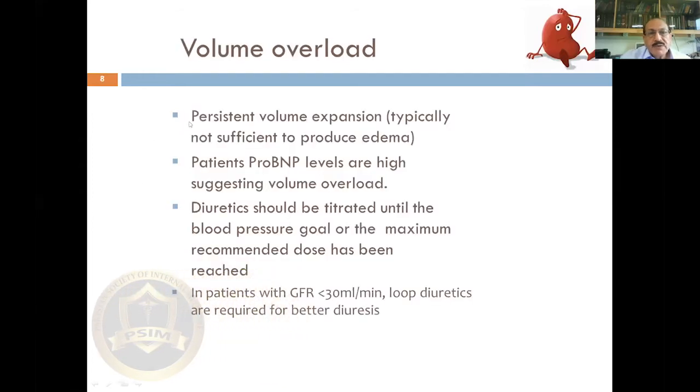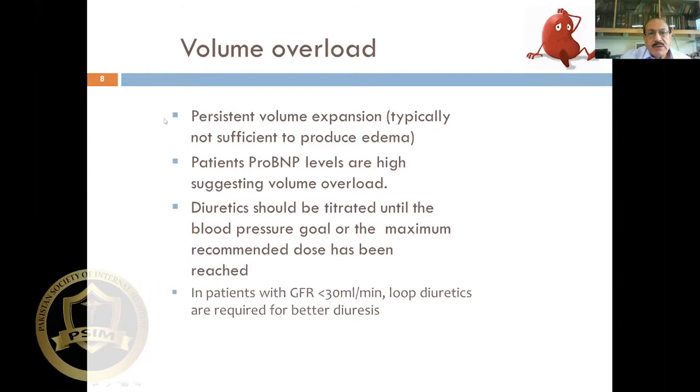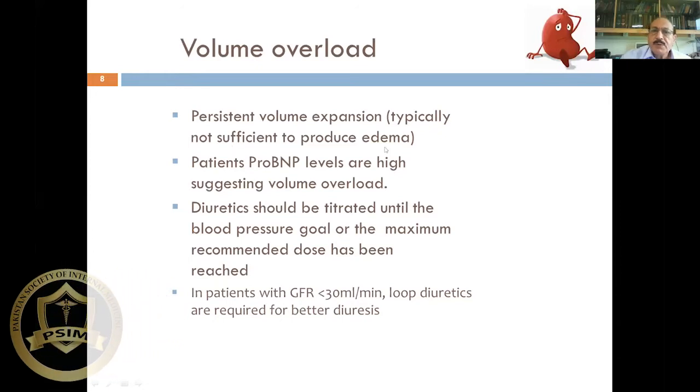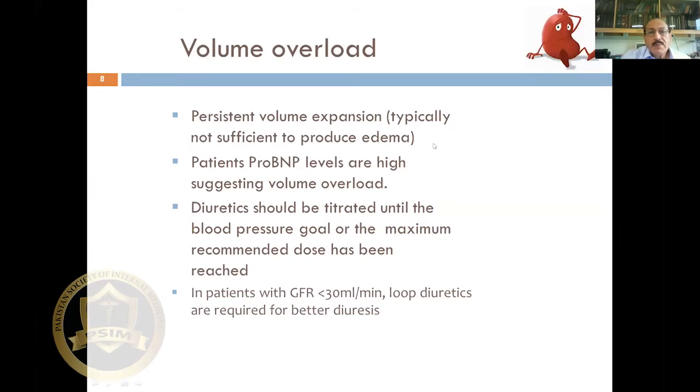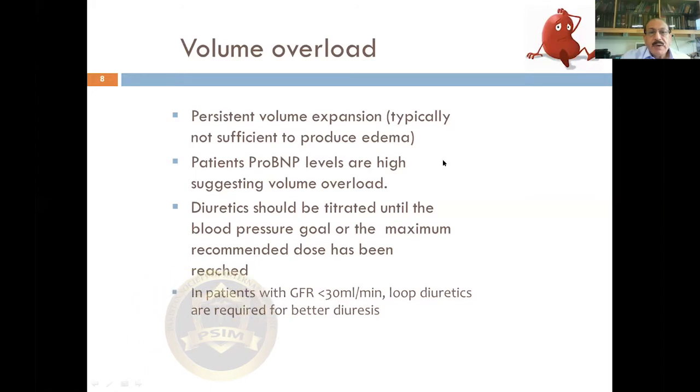Volume overload, persistent volume expansion, typically not sufficient to produce edema, but there is relative volume expansion. Or patients' BNP levels are high, which suggests volume overload, not necessarily from cardiac dysfunction. Diuretics should be titrated until the blood pressure goal.